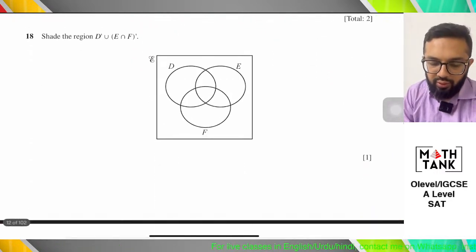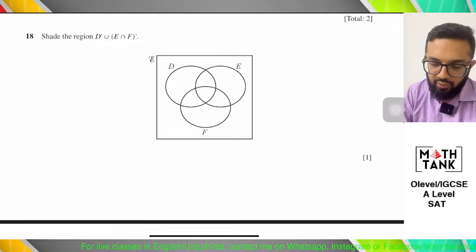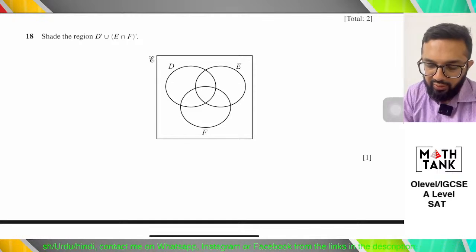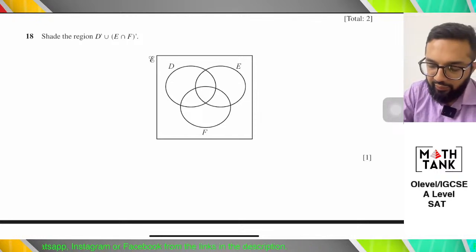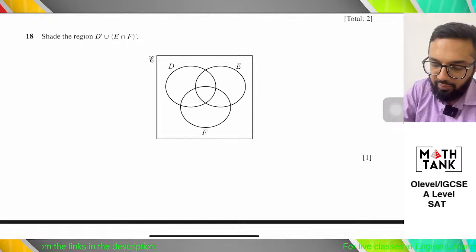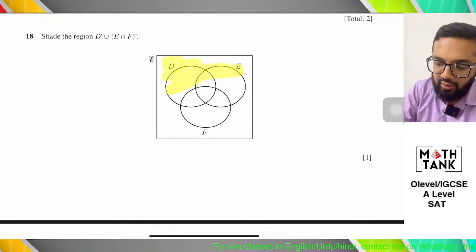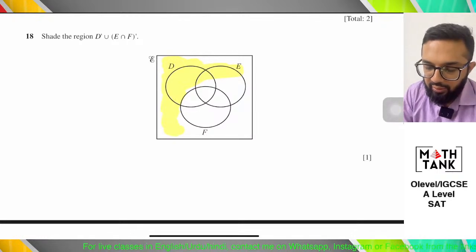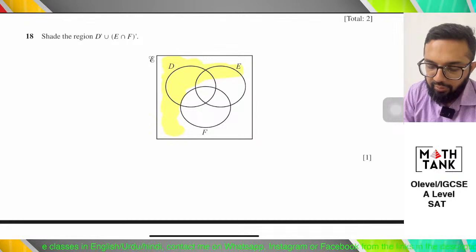Okay, shade the region, D complement, and you want to union with E intersection F, and the complement of that E intersection F is this part. So the complement of that would be everything outside, and I want to union it with D prime.